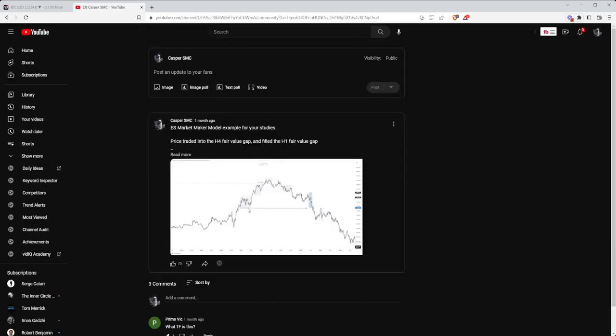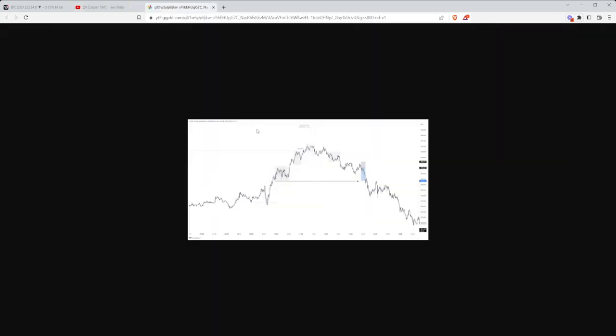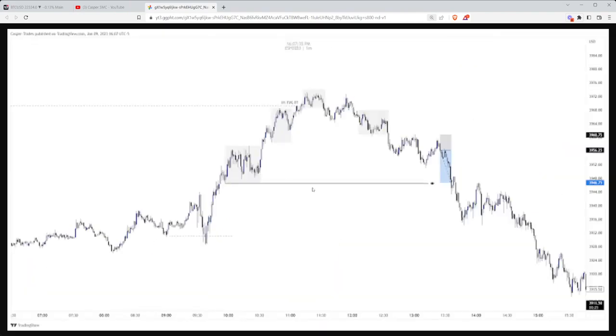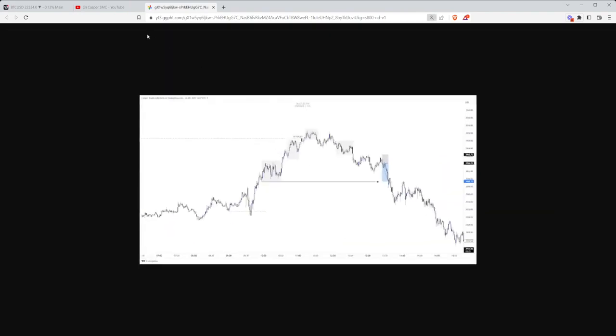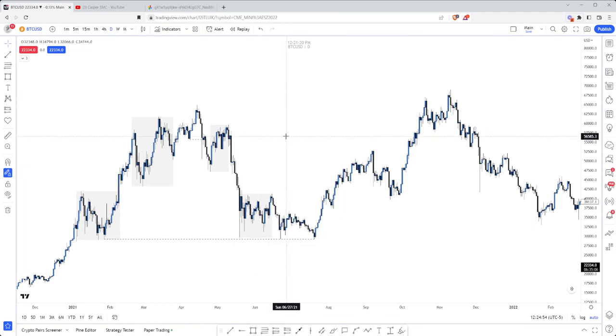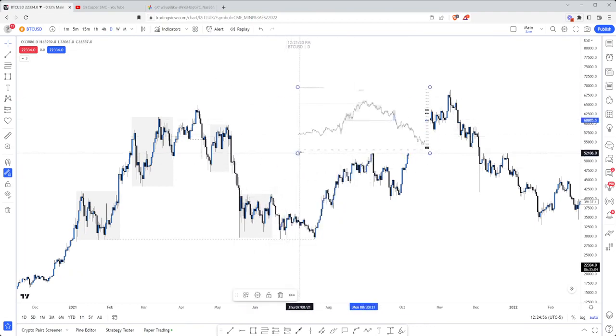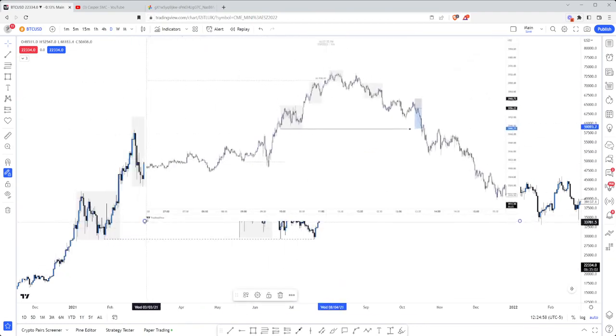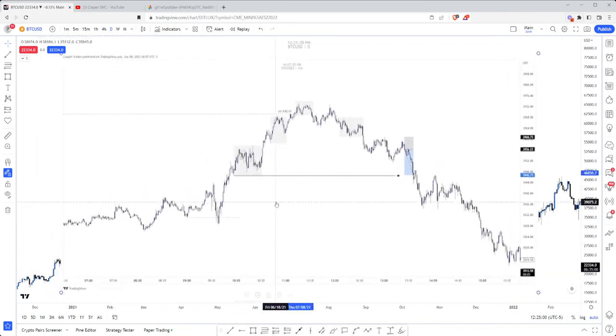I'm trying to open a new window. Okay, the quality is terrible. Let me try this a different way. Okay, I guess quality is just terrible. You can still see the general understanding.